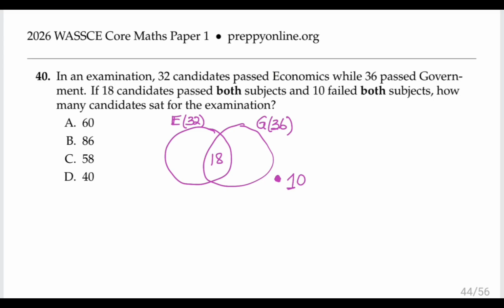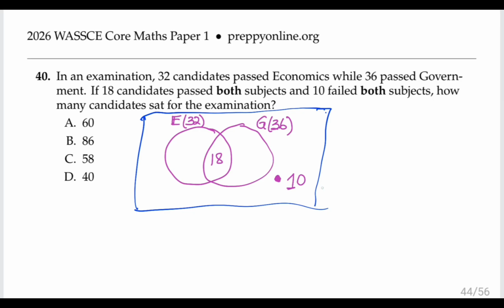So we want to know the total number of candidates that sat for the examination. Well, we can draw this around so that we know that this is the whole universe of things that we are dealing with. But really what we are looking for is this. We can think of it as this.